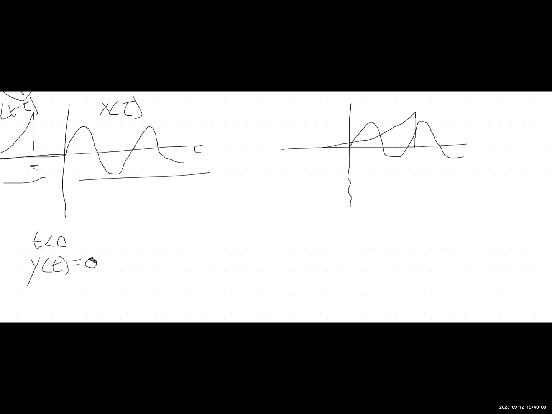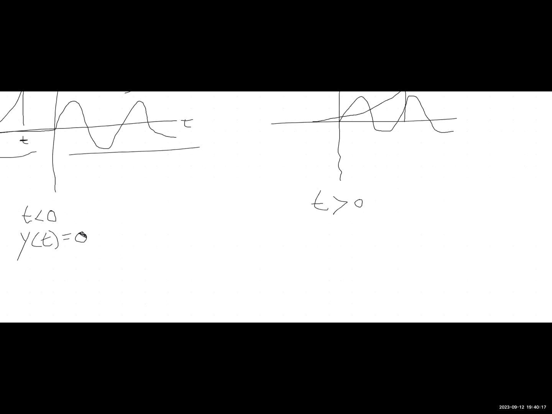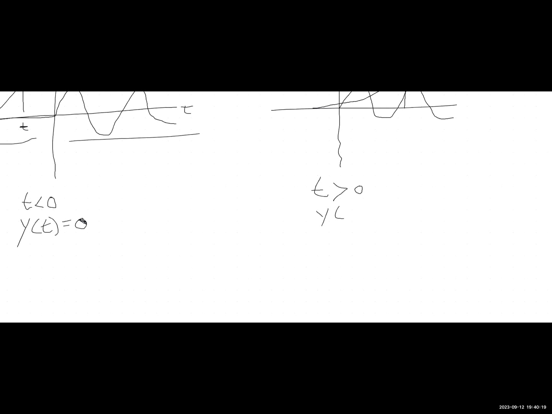In this case, we only need 2 cases because once they overlap, they never stop overlapping. You are permanently at a state of partial overlap unless you go all the way to infinity. So when t is greater than 0, what is y of t equal to? That is the question that we need to answer.